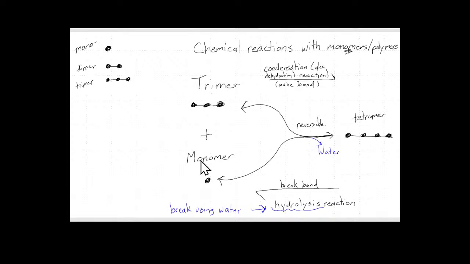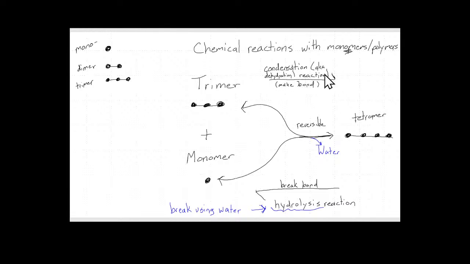If we go from small parts and build them together into a larger part, that's called a condensation reaction. It's also known as dehydration. Sorry, this handwriting looks terrible, but it's a little better when it's not converted from the smartboard.